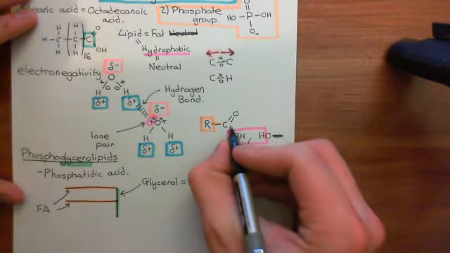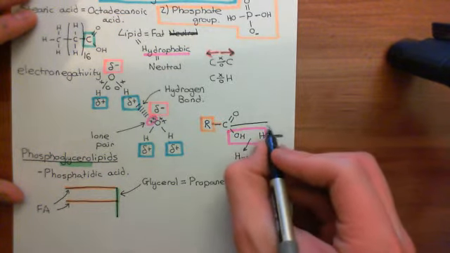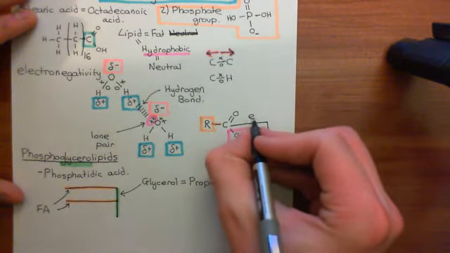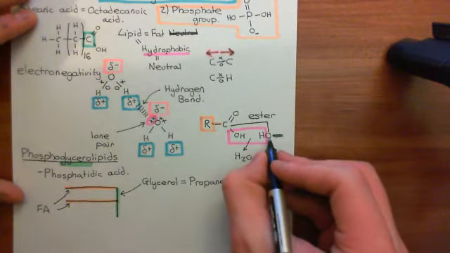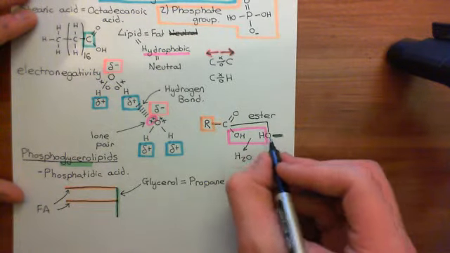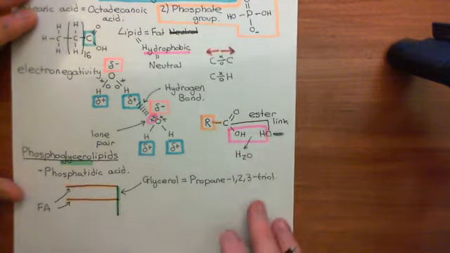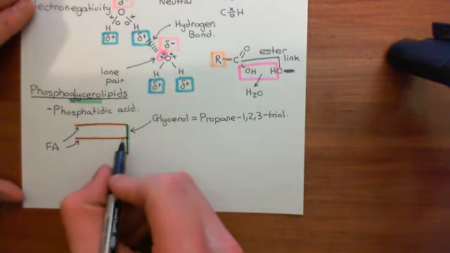Okay, and then what we're going to do is attach the carbon of the long-chain carboxylic acid molecule onto the oxygen of the alcohol group. And this link that you then produce between the carbon of the long-chain carboxylic acid and the oxygen of the alcohol group is called an ester link. Okay, so this is what we're going to do to the first and second alcohol groups of the glycerol molecule.